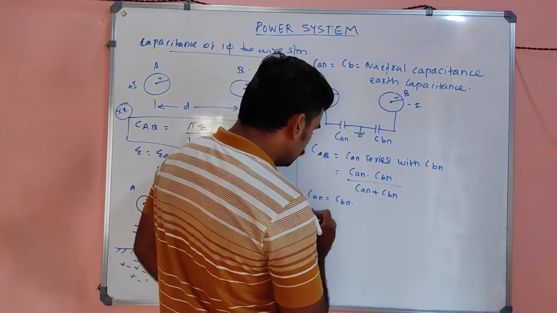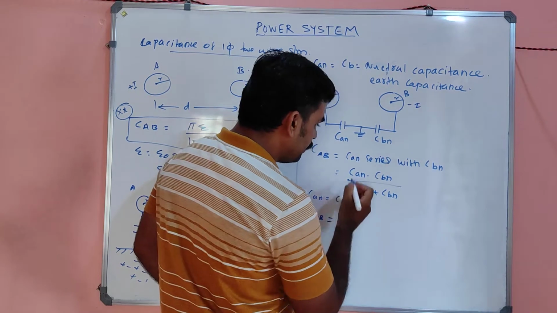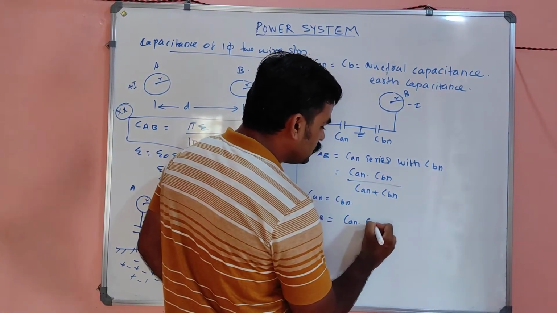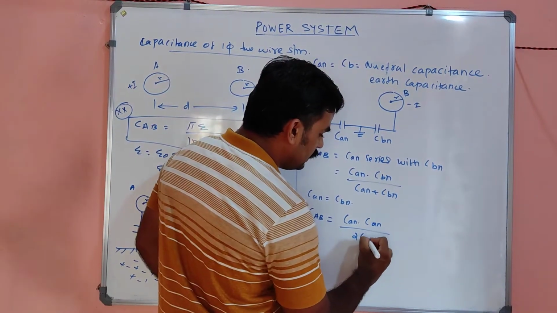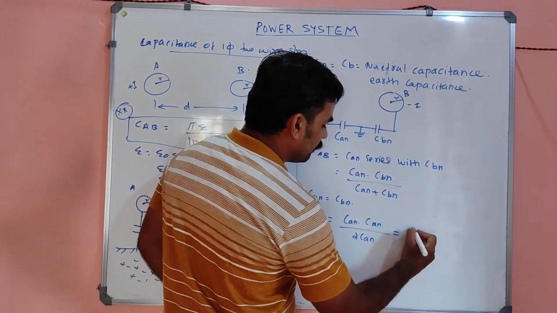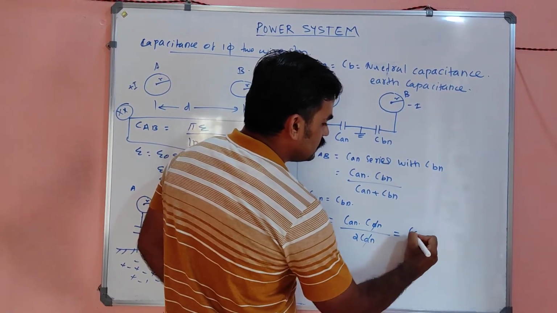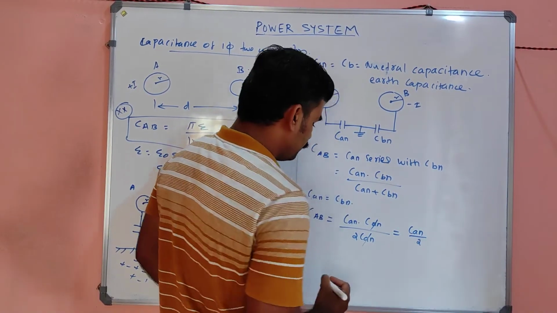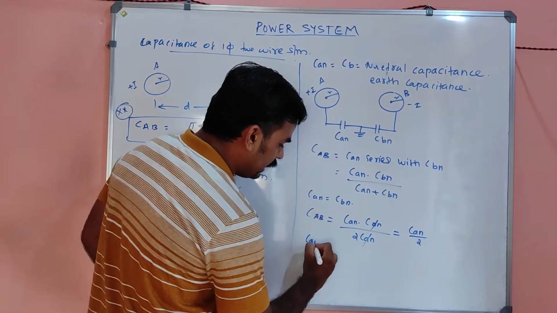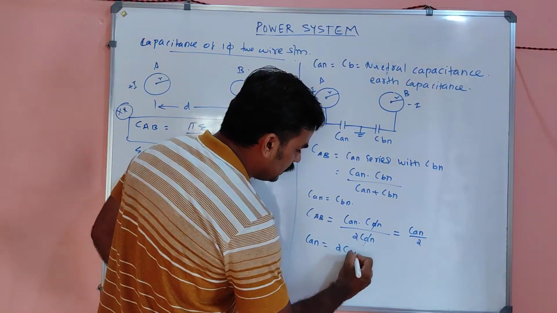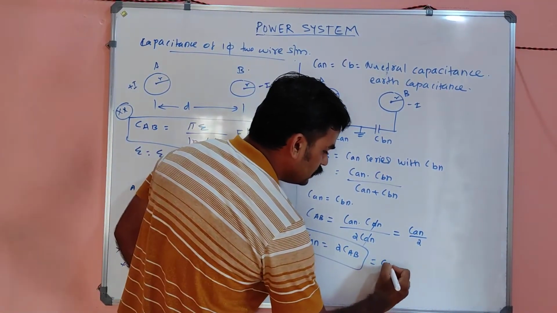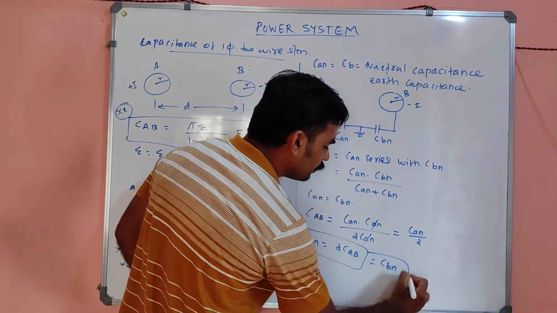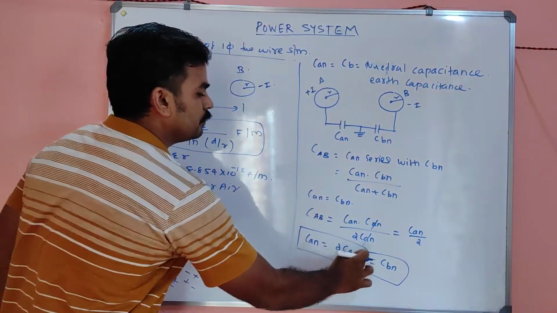Substituting this equation, we have CAB equal to CAN into CBN, which is CAN squared, whole divided by 2CAN, which is nothing but CAN divided by 2. So CAN will be equal to 2 into CAB, a very, very important relation, which is equal to CBN.